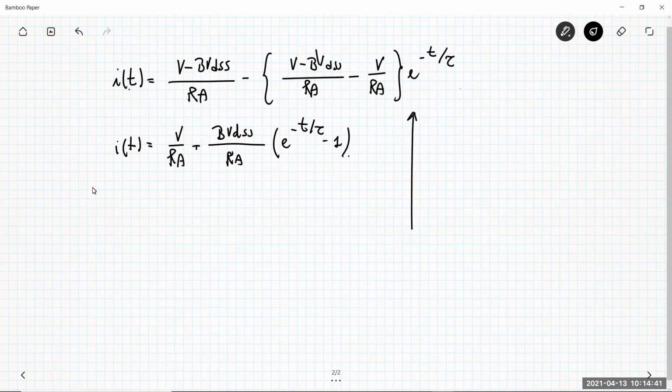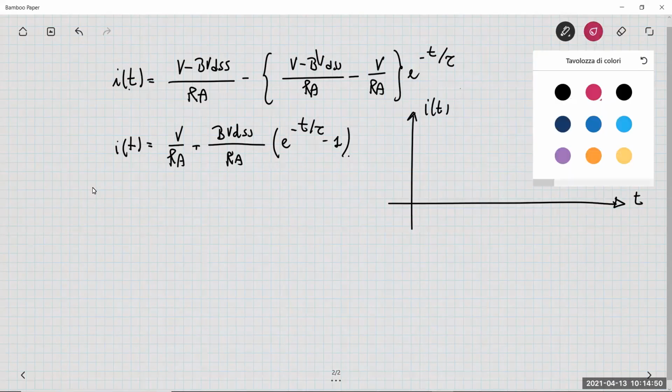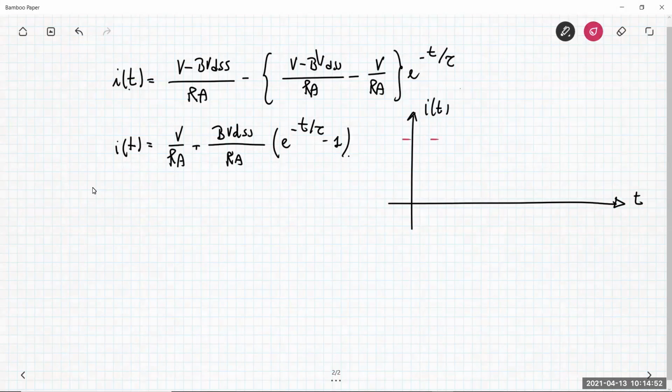So my expression is something like this. This is the on current V over RA, then turn off, turn on. Somewhere you have the time instant at which you command the switch to be off, so here. And from this time instant, I have this expression, okay?